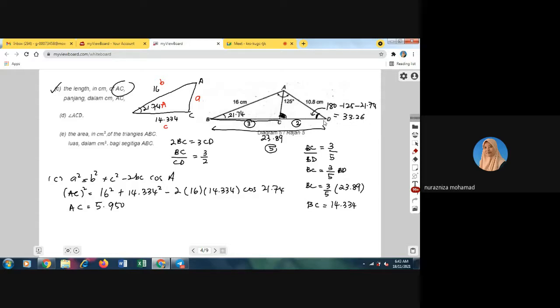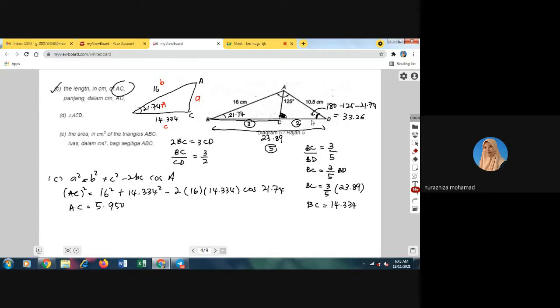Now there are many options. If you want to use triangle ACD, we need to find the length of CD.